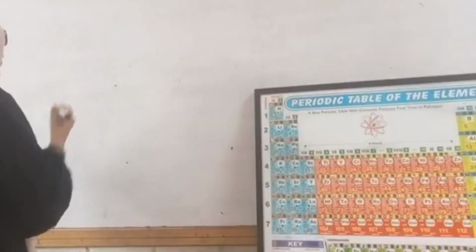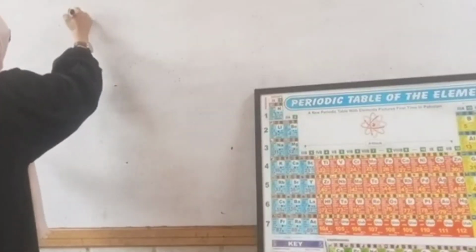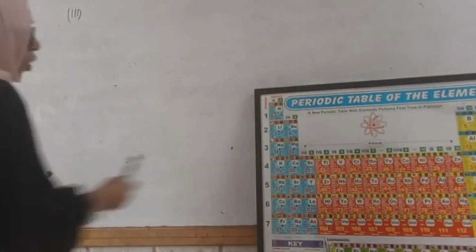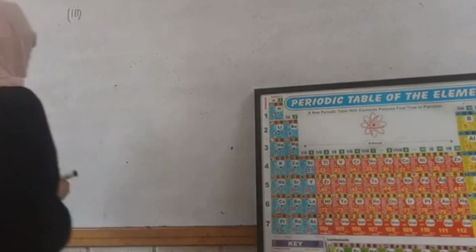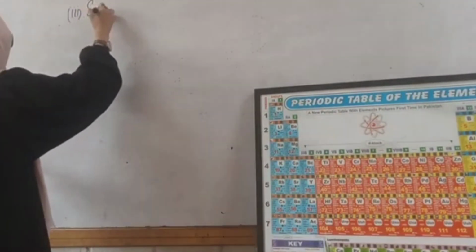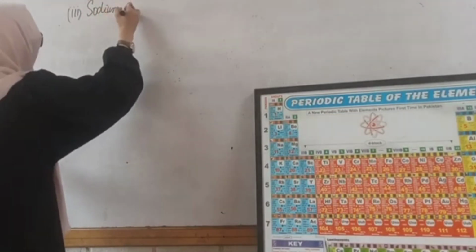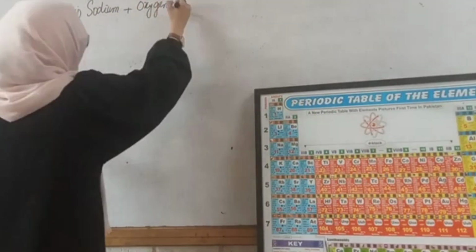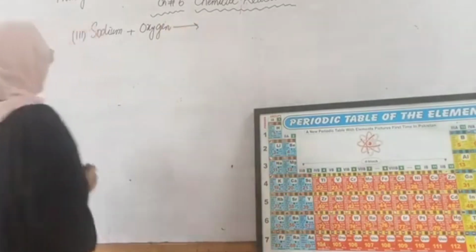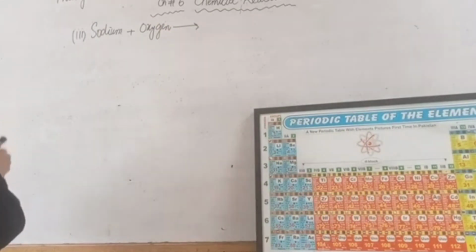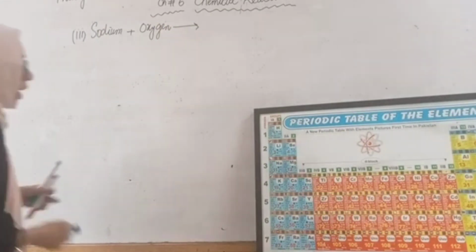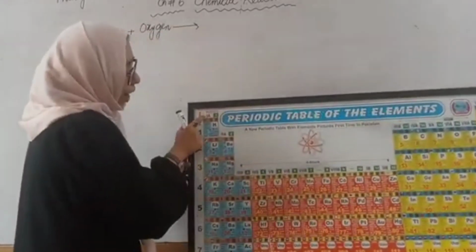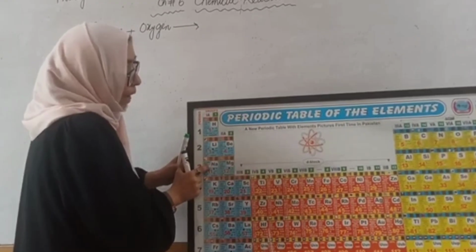In our third example, we will do a chemical reaction between sodium and oxygen. You should know about the symbols and charges. Sodium is found in group 1 of the table. Sodium has charge +1.